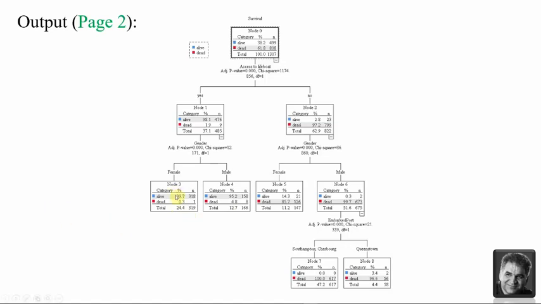In each node, we see the frequency and percentage of response variable levels, alive and dead. For example, in node 3, we see the people who have access to the lifeboat, access yes, and are women, gender female.